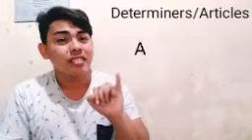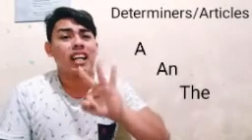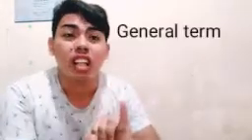Now we're down to the last part of speech, which is determiners, also known as articles. There are only three articles in English grammar, namely a, an, and the. Let's discuss these three articles. First is a. A is used when we mean something that is not specific, or in general terms.